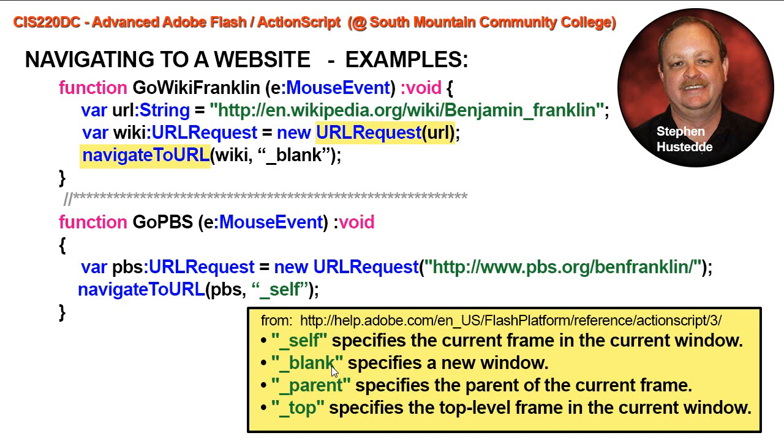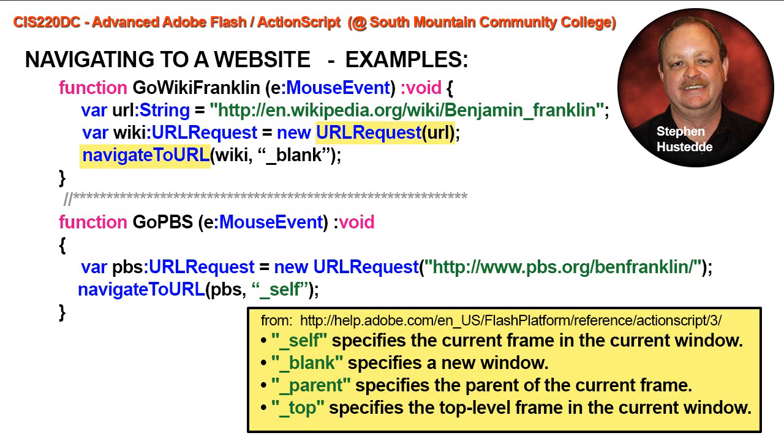I want it to come up in a new window, or if I'm creating an AIR package or something that's running on a mobile device with Adobe AIR, I want it to launch the browser, and so I'm going to use underscore blank. There's also an underscore parent and underscore top, and those go back to frame-based websites, which are no longer very popular. Nobody really uses those much anymore. So pretty much self and blank are the two choices that we tend to use today.